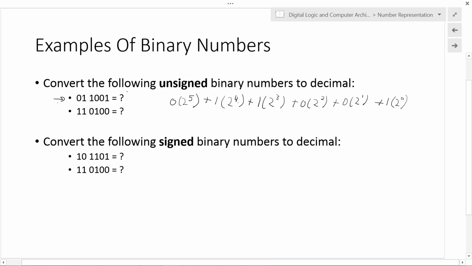So we have 16 plus 8 plus 1 right here. So 9 plus 16 is equal to 25. So this is equal to 25 here.